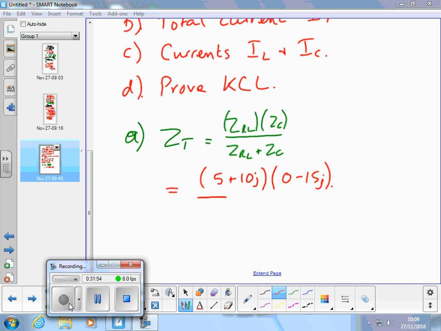And then the bottom line is R, which is 5 ohms, plus L, which is 10J ohms, minus C, minus 15J.